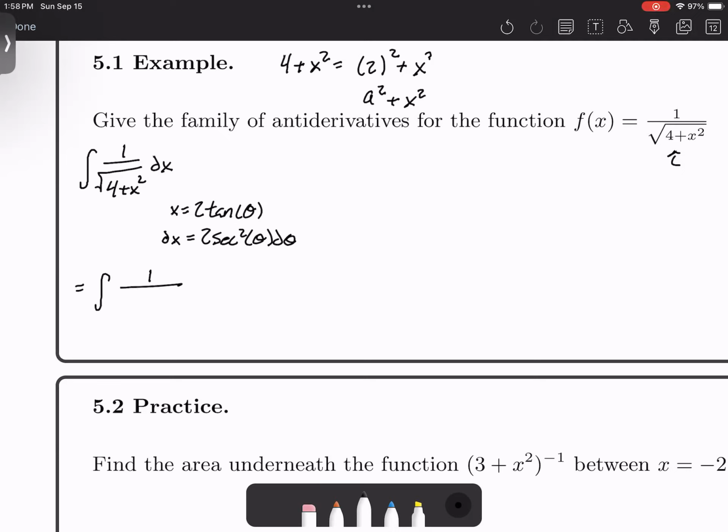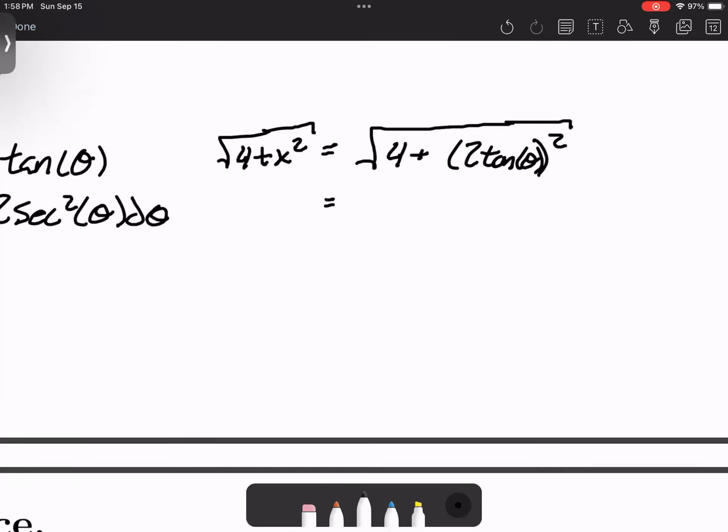I want to keep doing scratch work to replace that all at once. So the square root of 4 plus x squared, but I'm replacing the x's with 2 tangents of thetas. Distributing the square to the 2 and the tangent separately, we have 4 plus 4 tangent squared of theta.